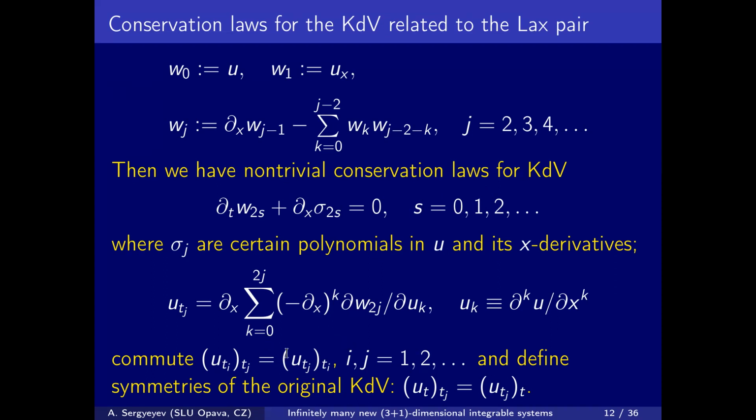And also, we have here an infinite hierarchy of commuting flows for the KdV equation, which in fact define symmetries of the original KdV, commute pairwise, and so form what is known as the KdV hierarchy.